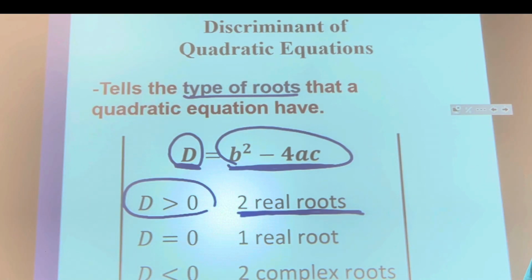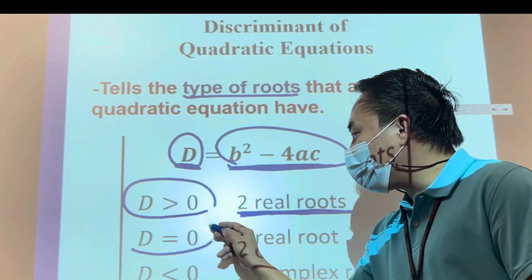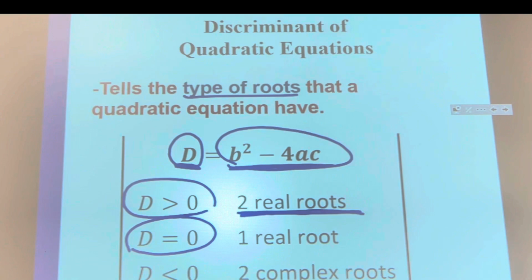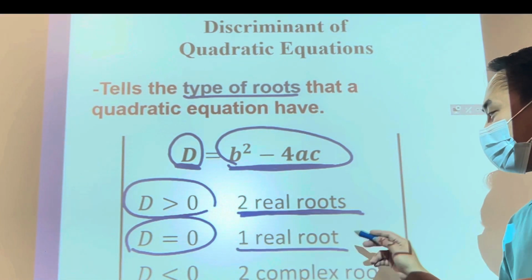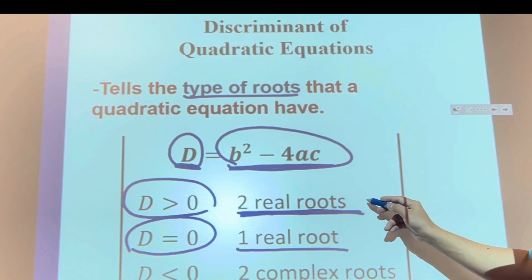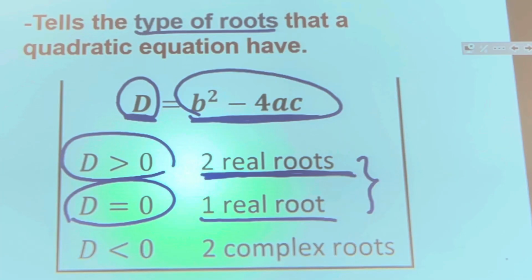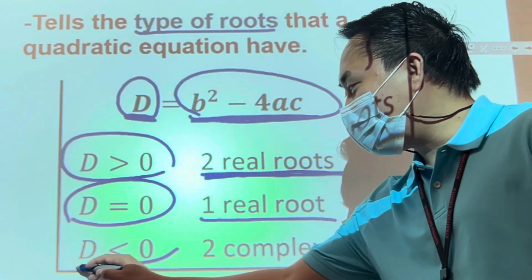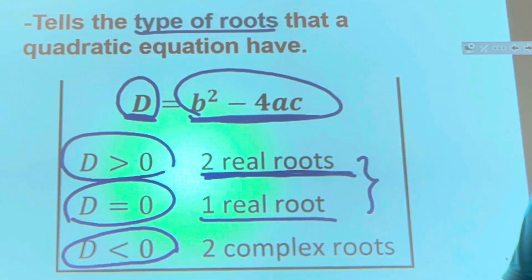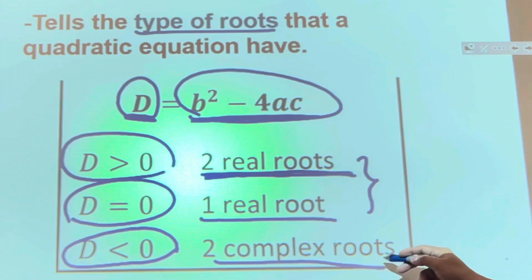If you get a D equal to 0, you will only have 1 root that is a real root. So these 2 cases will give you real roots, but the number of roots will be different. But if you have a D less than 0, that means negative, you'll have complex roots.